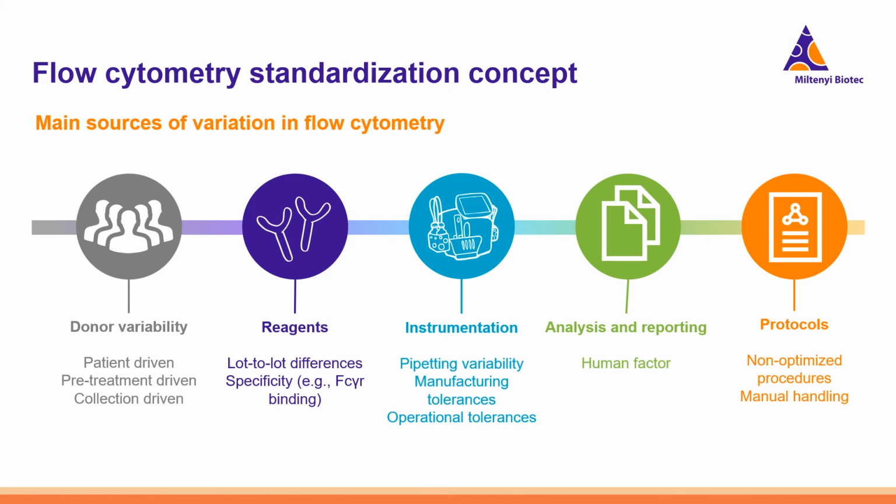Then regarding the analysis and reporting, this is mainly user dependent and prone to human error. And also in terms of protocol, there are often non-optimized procedures and a lot of manual handling steps, which lead to a lot of variation in the flow cytometry analysis results.